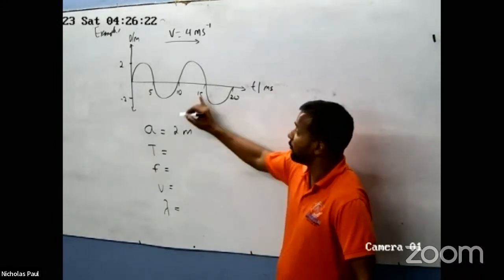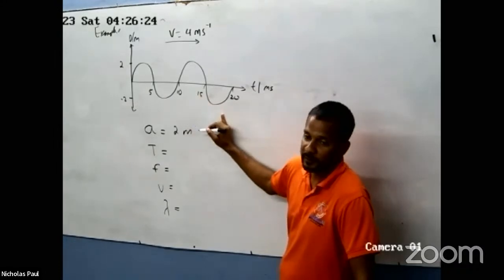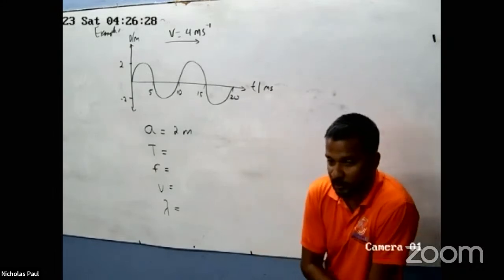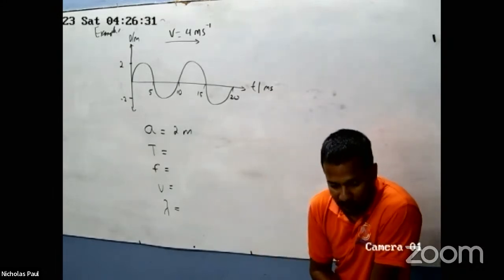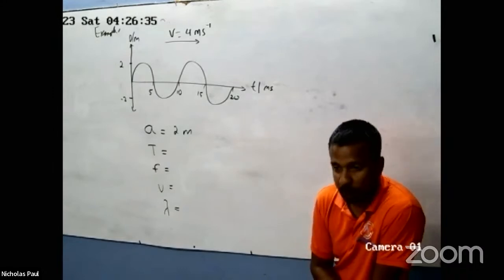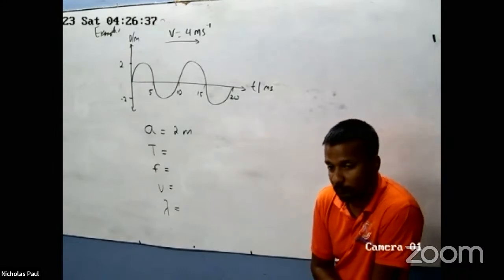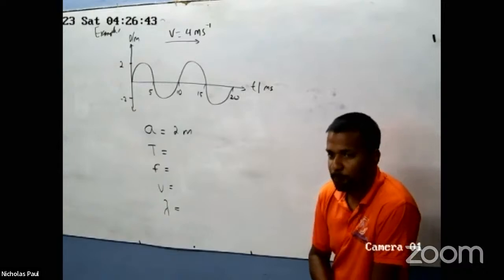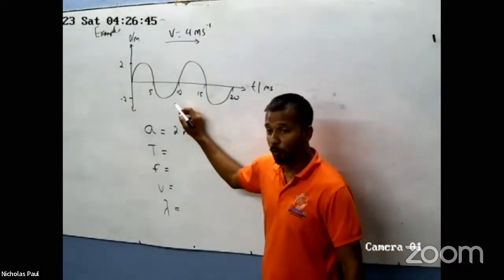Check the definition out. Period is time for one cycle.